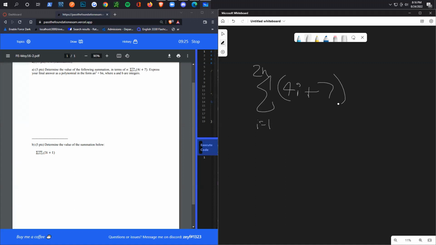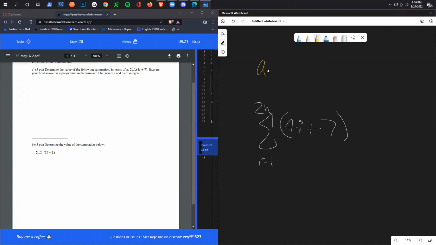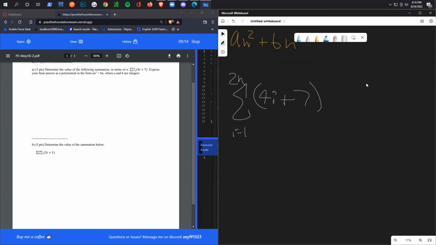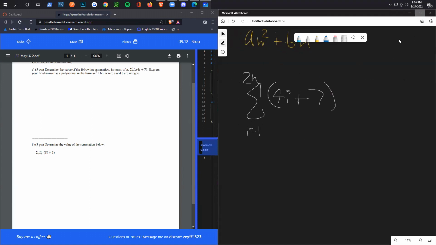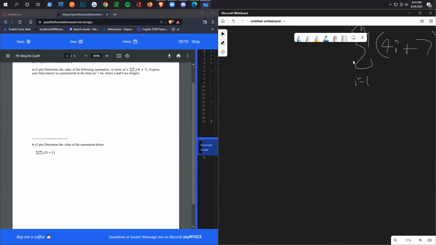They say give your final answer as a polynomial of an squared plus bn. Let's go over this. Let me also write the other one just in case I run out of time. These two should be very quick.